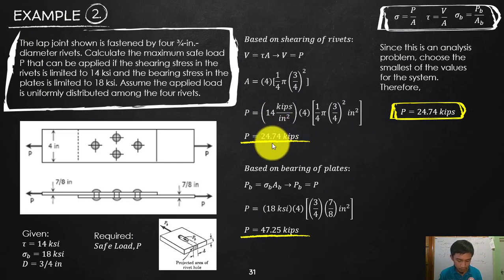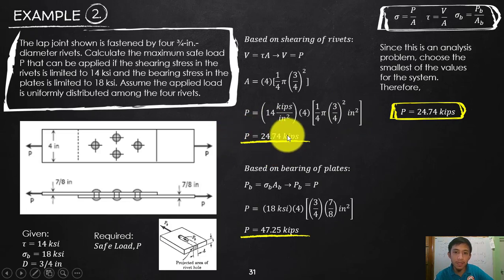Let me just check that one. 14 times 4 times pi over 4 times (3/4) squared. So pi times 3 squared over 4 squared, the kips cancel the units, and you end up with 63 over 8 pi, or 24.74 kips, because the unit for area will cancel.